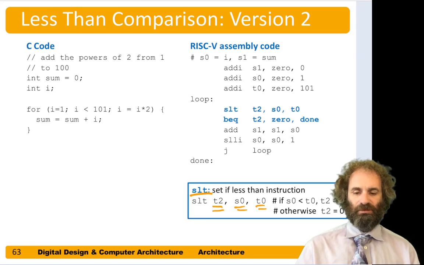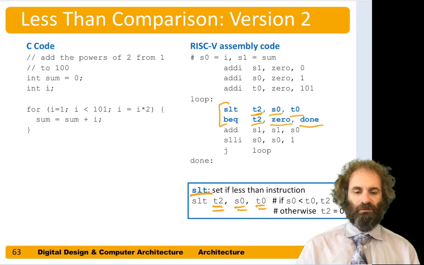So here we could use a set less than and then a branch equal comparison. So we could set less than some temporary register T2. If I is less than 101, then we'll set T2 to be 1. Otherwise, we'll clear T2 to be 0.